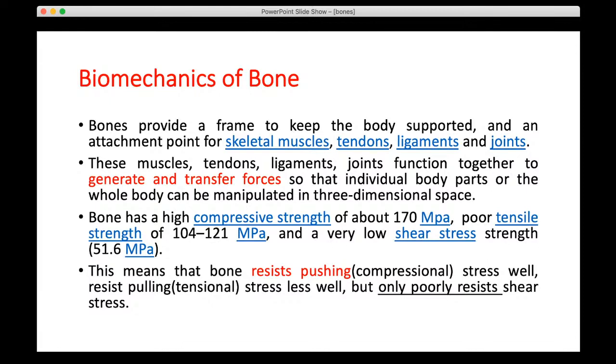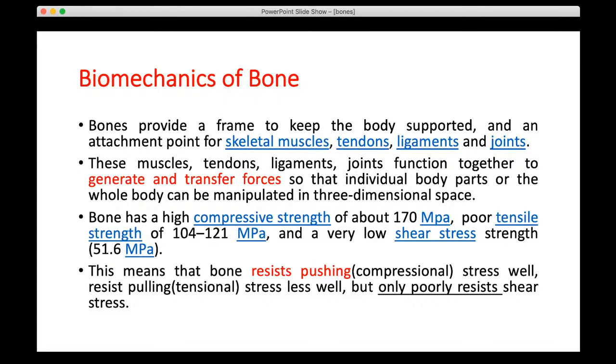If the forces or the stress are of shear type, shear meaning torsional stress, bending forces, like you usually see in fast games, in hockey, or during sprinting, these forces can fracture your bone very easily because bones have poor shear strength. So I repeat, bone has very excellent compressive strength. Number 2, it has tensile strength, and at number 3, it has shear strength, which is very poor.